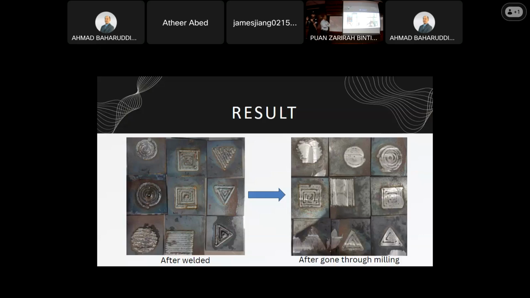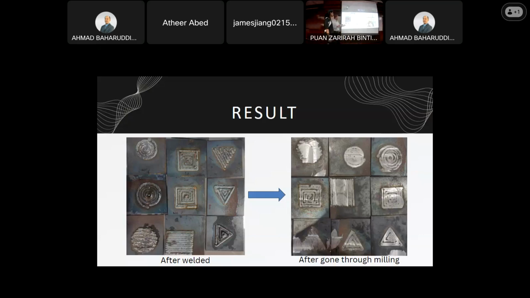So if I'm using, for example, a ruler, I think his question is that, okay, for example, this is a straight line. Why, when we are using a straight line, is there no gap between the beads? It's almost perfect welding.